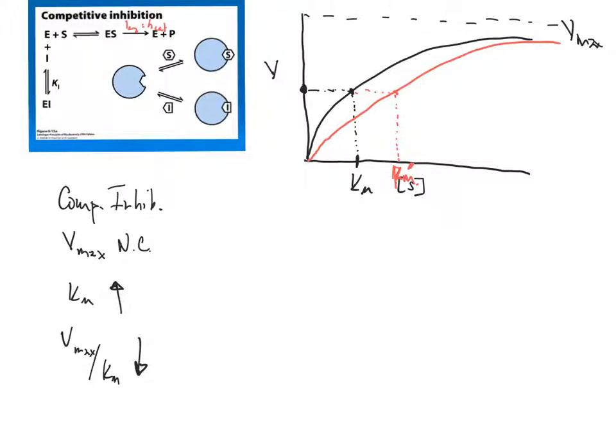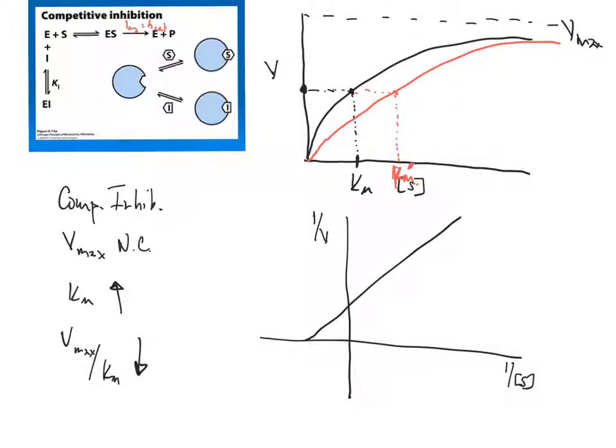Now let's draw the Lineweaver-Burk. Lineweaver-Burk is 1 over V, and 1 over S is this axis. Remember, it looks like this. So this point right here is 1 over Vmax. I usually like to do mechanism first because it's direct.